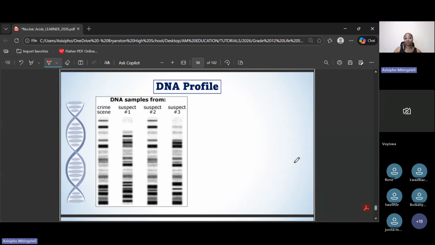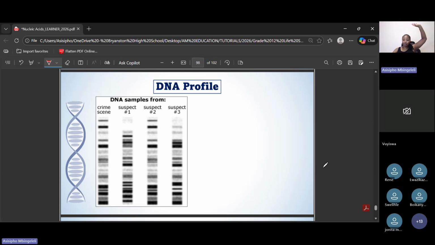Okay, we are back to the suspects. Tell me which one committed a crime. Ah, this one is easy. Here, you're not even using a ruler. Which suspect? Suspect 1, 2, or 3? Two. Definitely suspect 2.